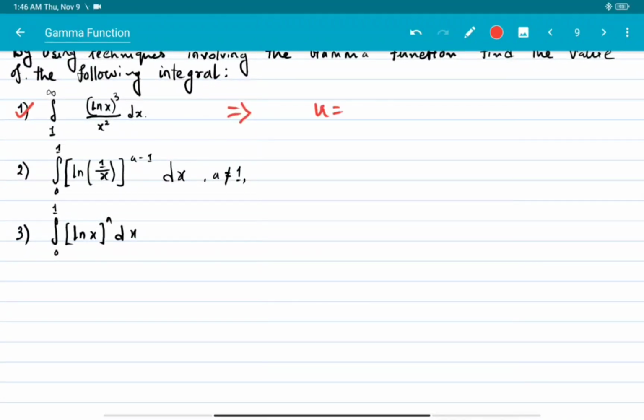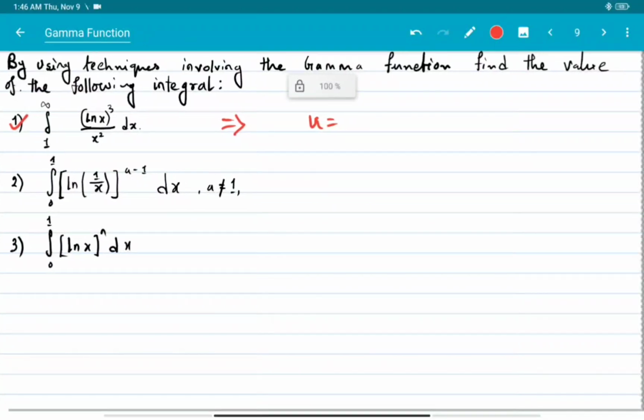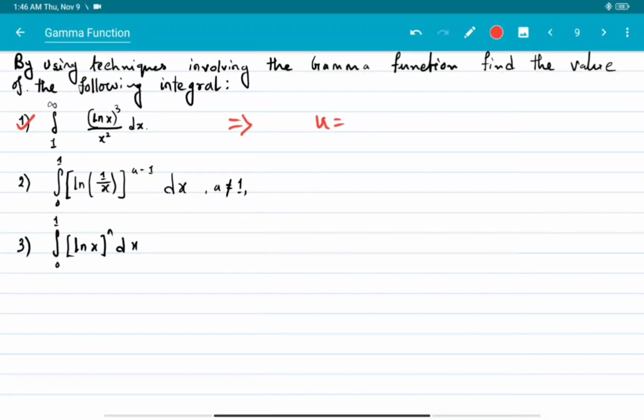So u equals natural log of x, and du is dx by x. So let us write that dx is nothing but x times du, and x equals e to the power u, right?